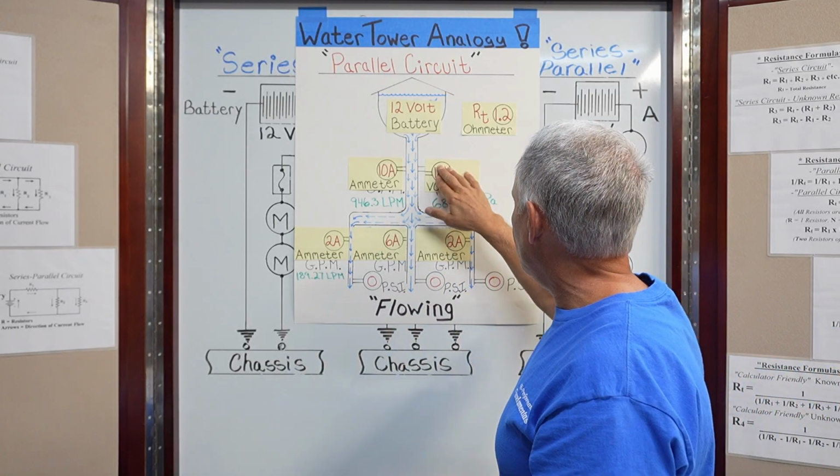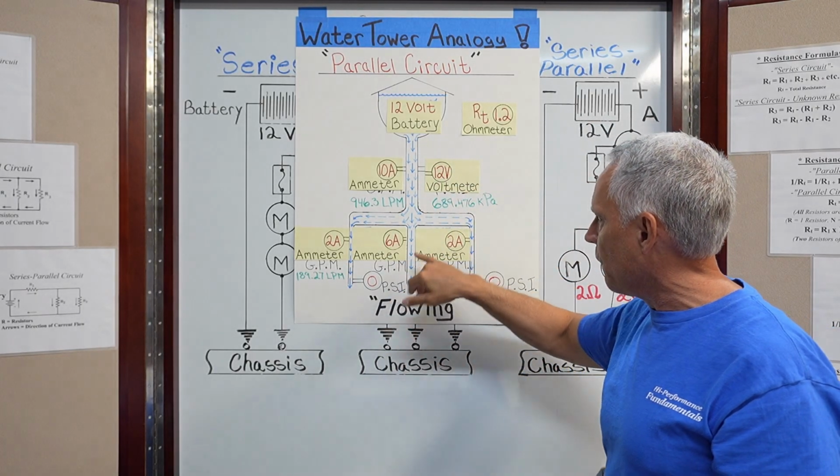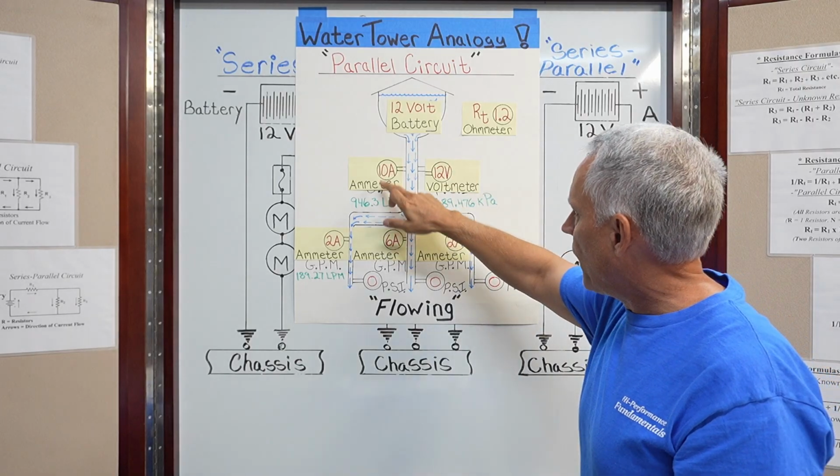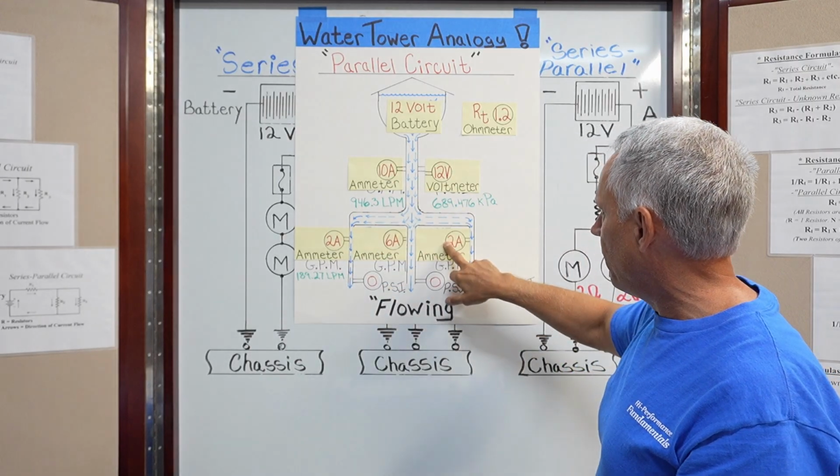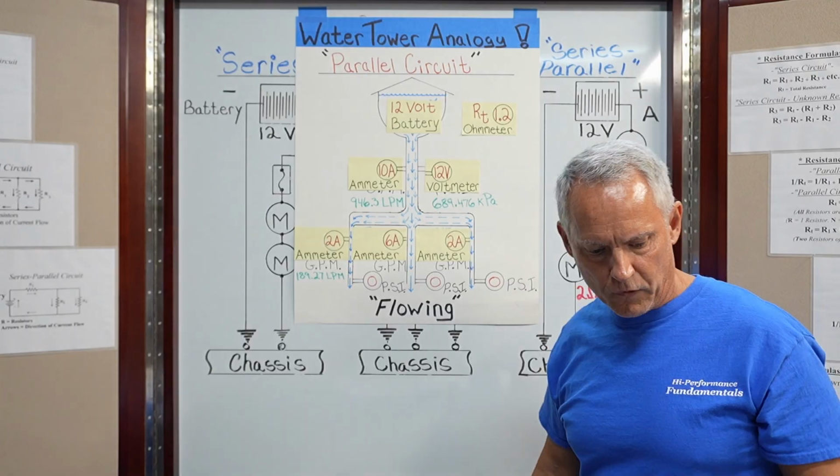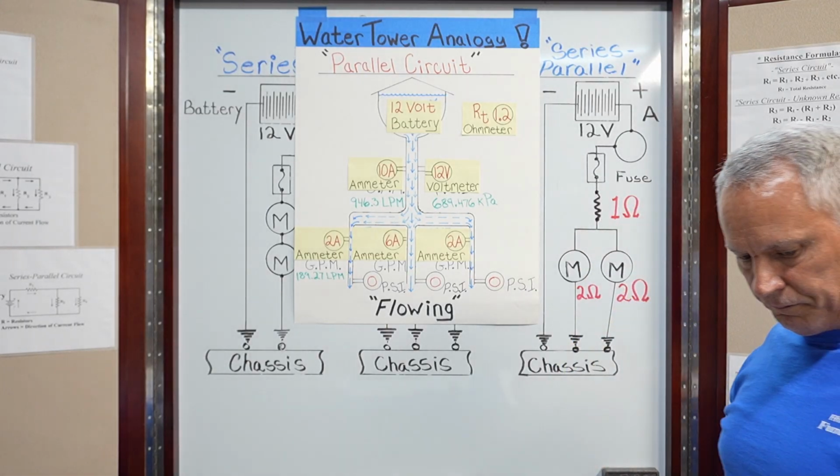All right. So from there, let's go ahead and look at it. We've got a voltmeter, we've got an ammeter, we're showing some amperage for each leg, right? Okay, now let's look at the resistance.